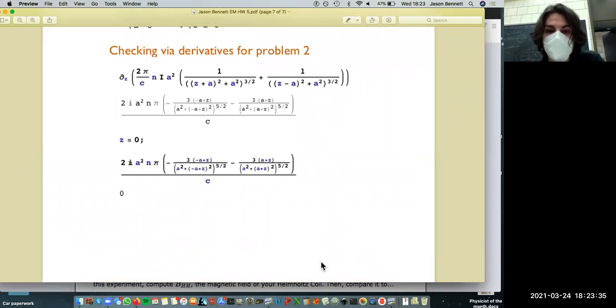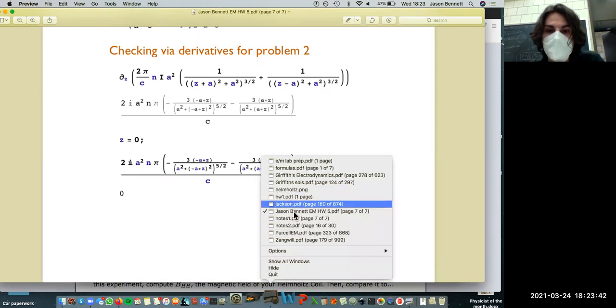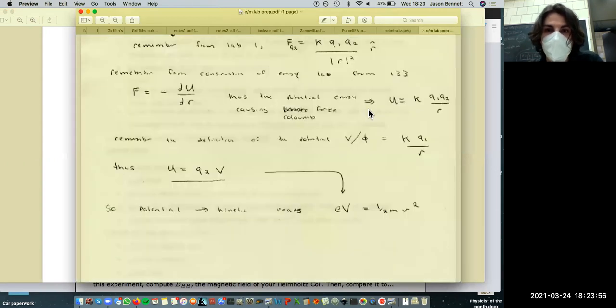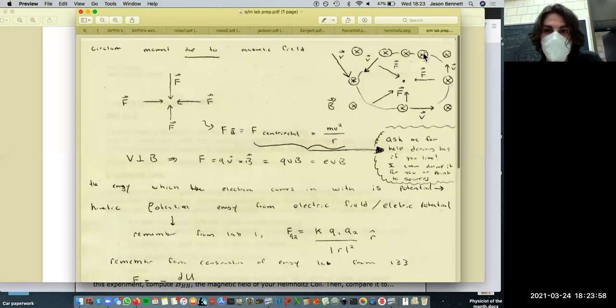So what that says is that the magnetic field is extremely constant. It's a very constant function at the center, and that helps us because it eliminates what you could call noise when you talk about the magnetic field, because we want the magnetic field to be constant so that our particle experiences uniform motion, and we get this centripetal force type thing.